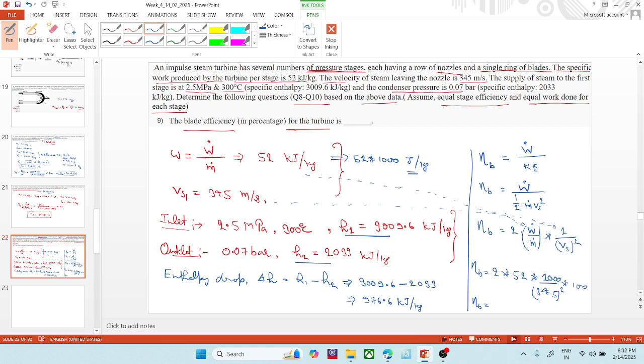The value will come out to be 87.37%. So the answer is 87.37%.